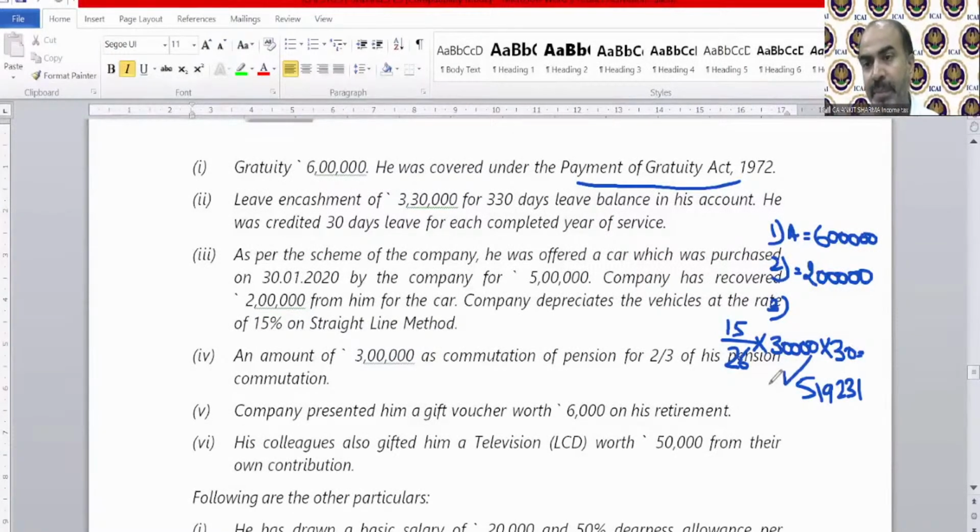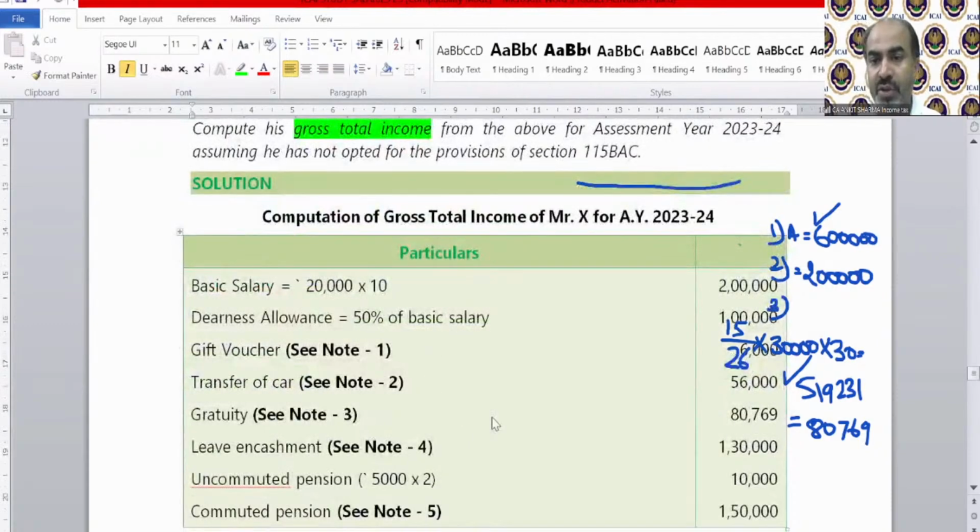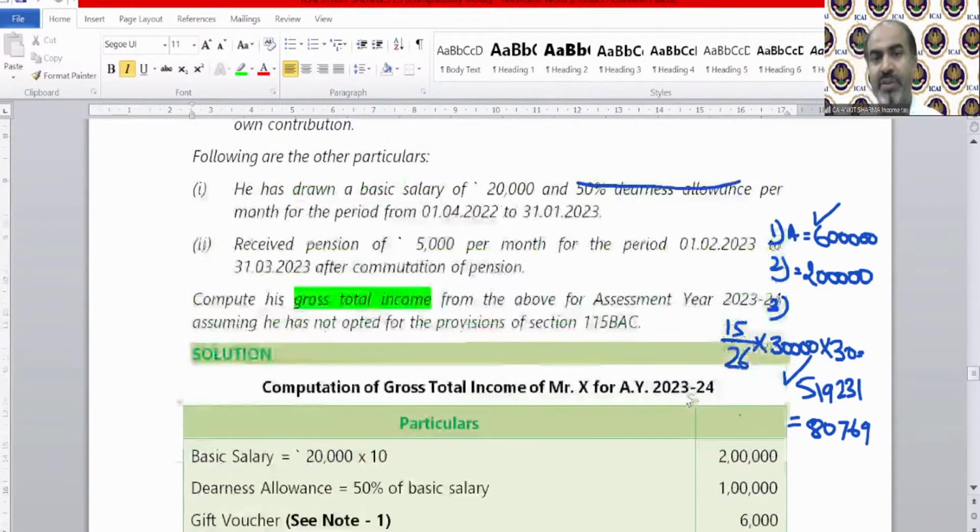The lowest will be exempted, and received minus exempted gives the taxable value, which will be 80,769. Clear? You can see gratuity 80,769. In your study material everything has been explained, and there are separate notes also. You can refer to the notes also. So we have solved the gratuity.